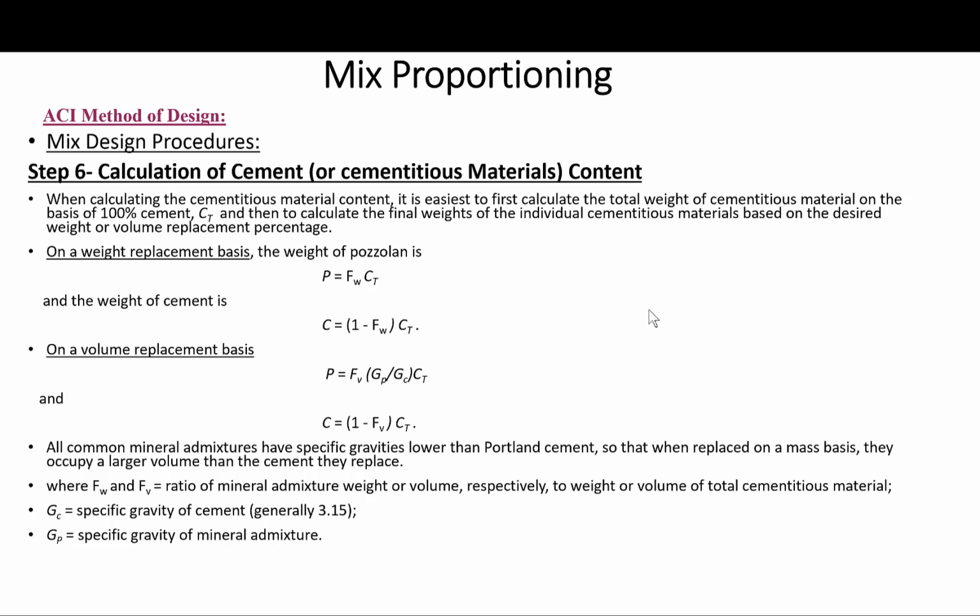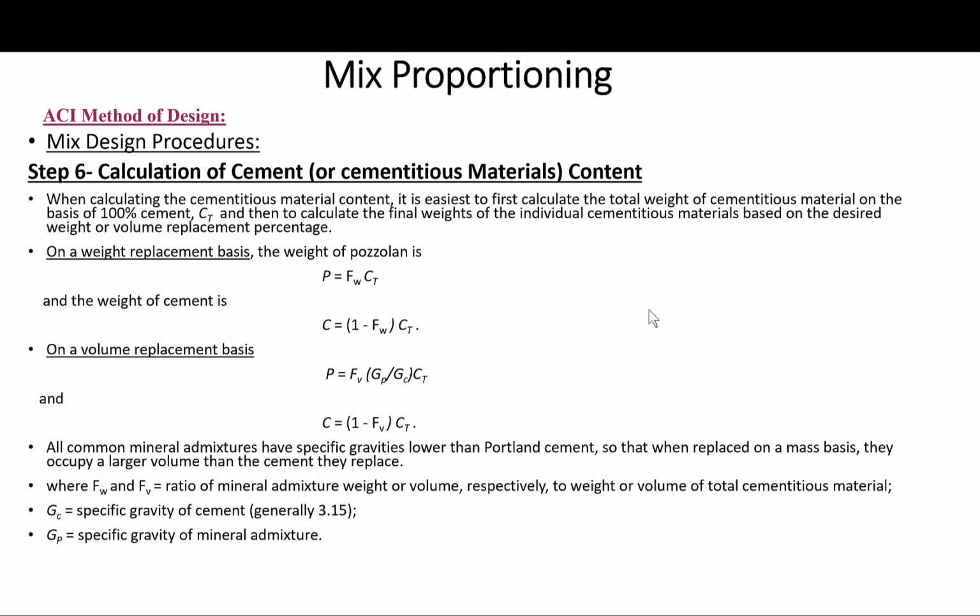When calculating the cementitious material content, it is easiest to first calculate the total weight of the cementitious material on the basis of 100% cement only, and then to calculate the final weights of the individual cementitious materials based on the desired weight or volume replacement percentages.